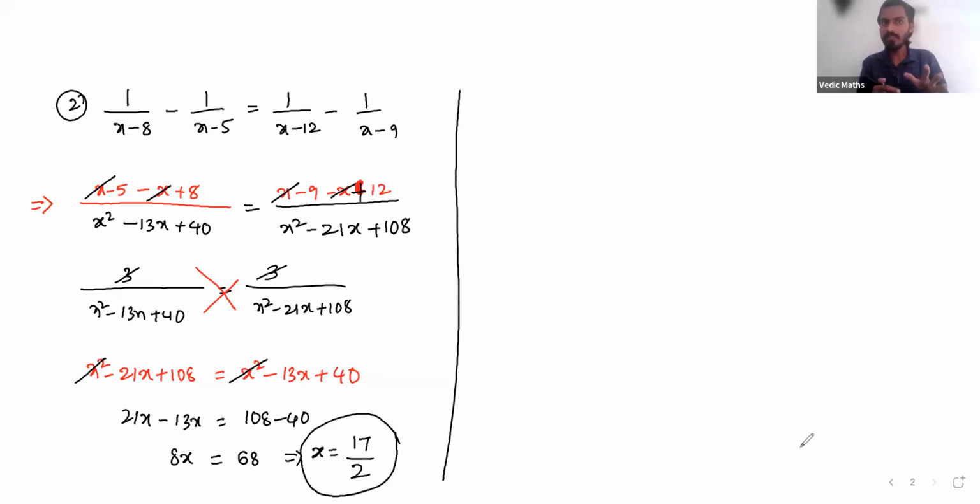In this case, you cannot take d1 plus d2 and d3 plus d4. Why? Because if you take d1 plus d2, d3 plus d4 in the numerator, you get just a constant value. Am I right? Yes or no?